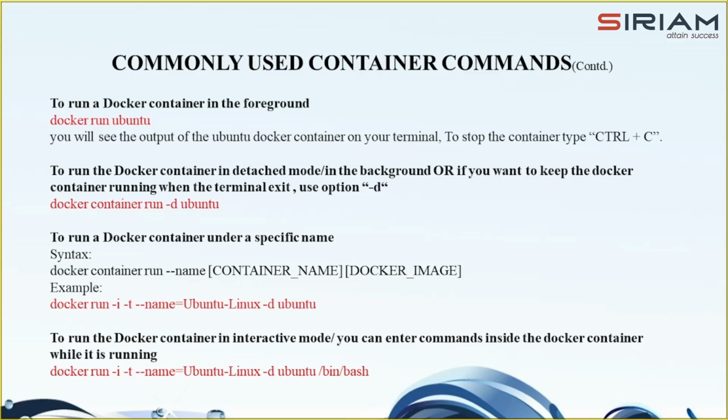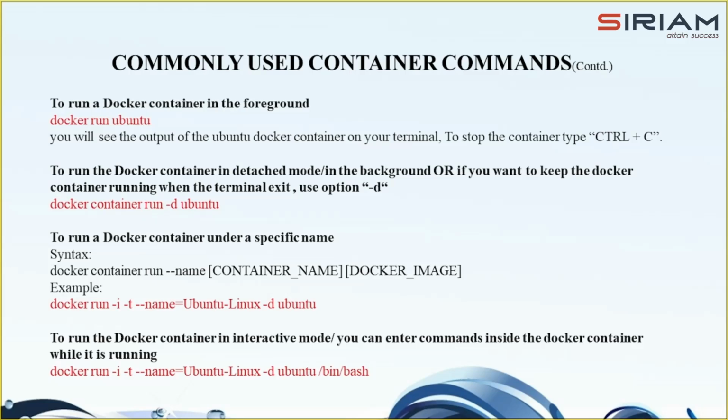For running a Docker container in detached mode, or if you want it to run in the background, you can start a Docker container in the background, allowing it to run independently of the terminal. How can you do this? You can do this by using the -d option with run, and then you specify the image you want to run.